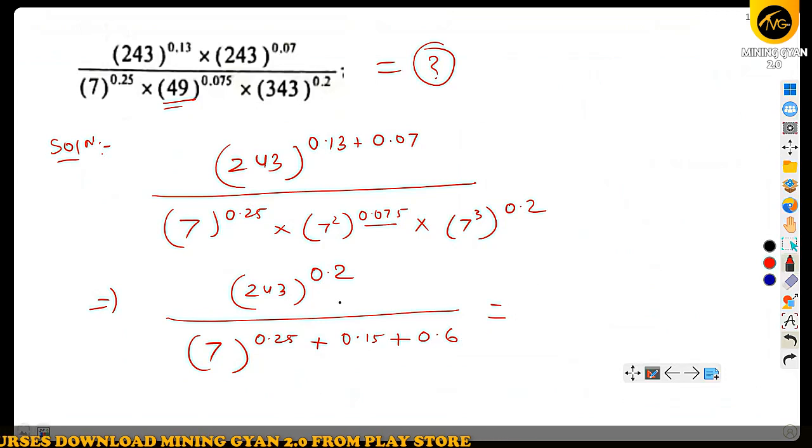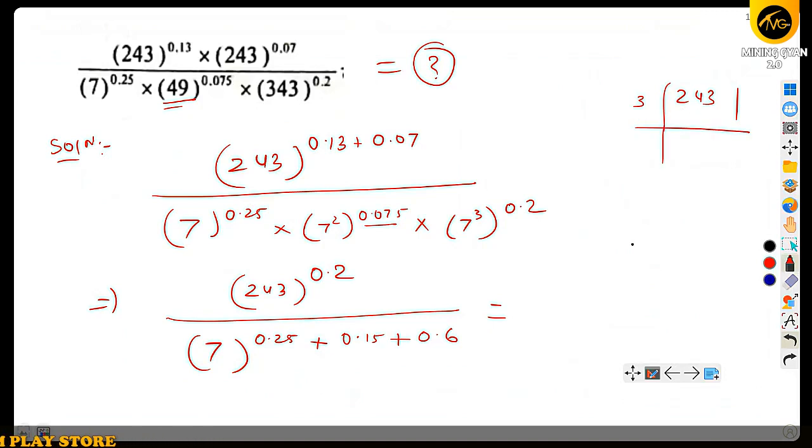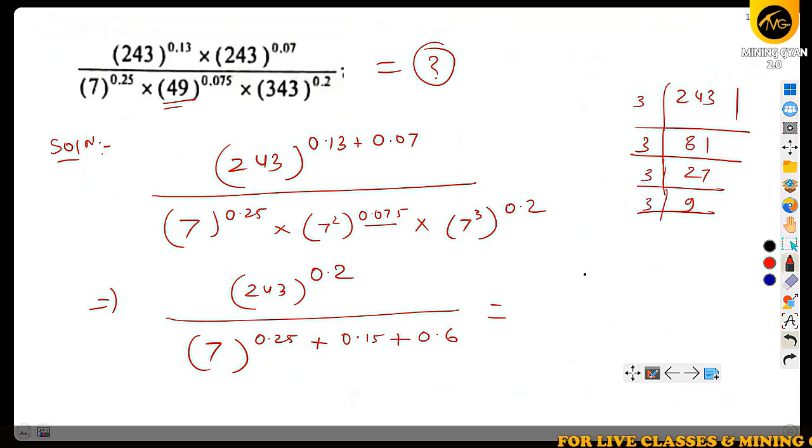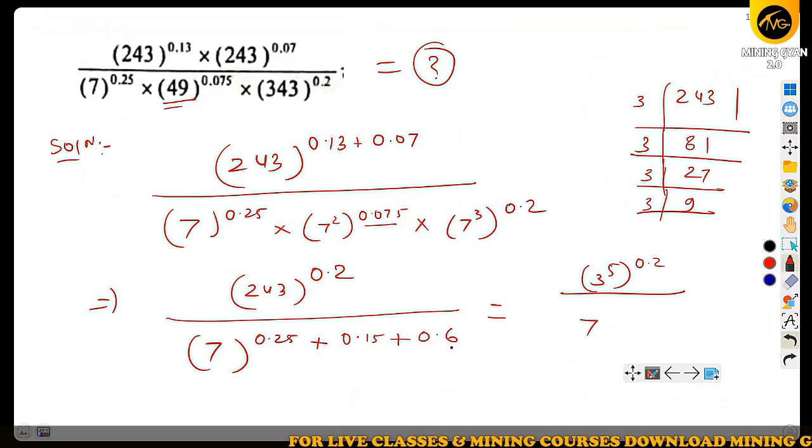Now 243, how can we break down 243? 3 five times, so that means 3 power 5, and whole power 0.2, divided by 7 power 0.25 plus 0.15 plus 0.6, that means this is 1.